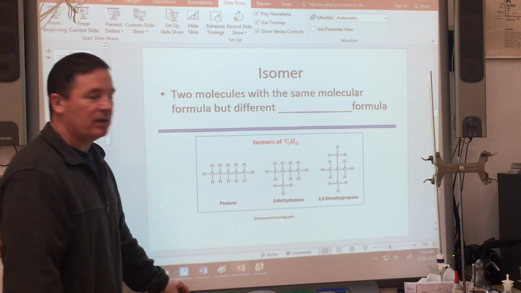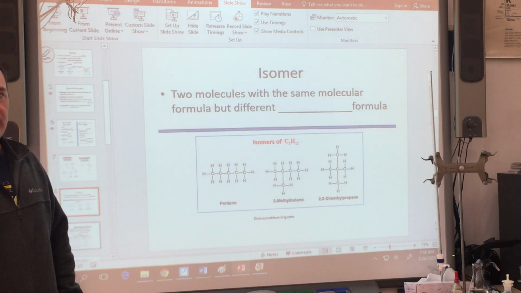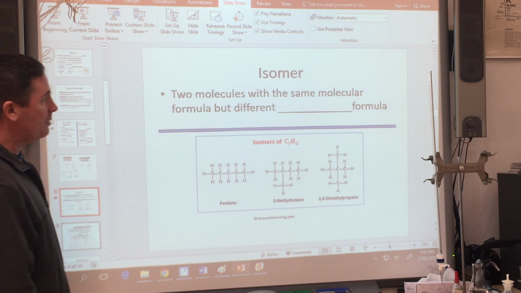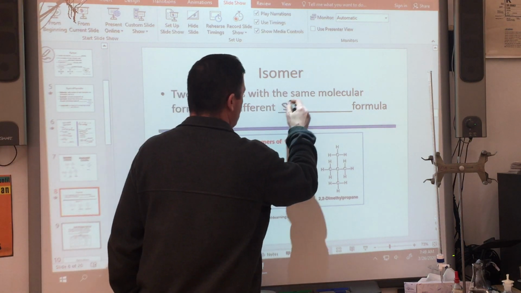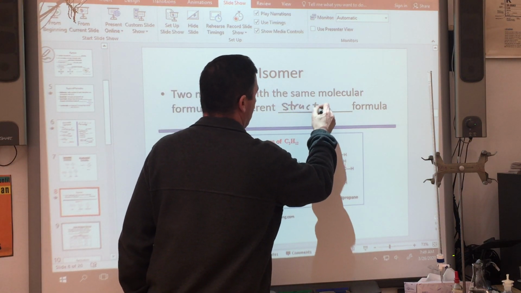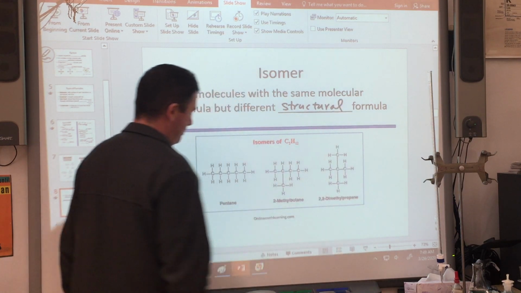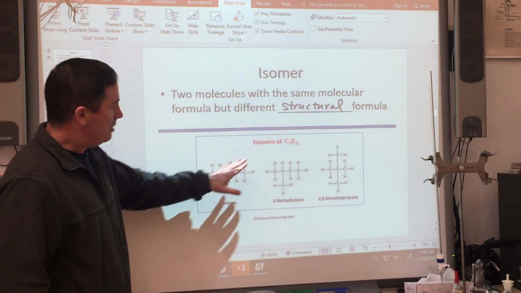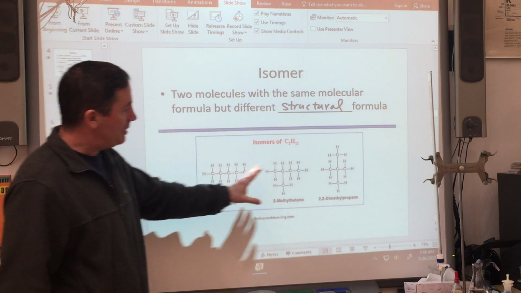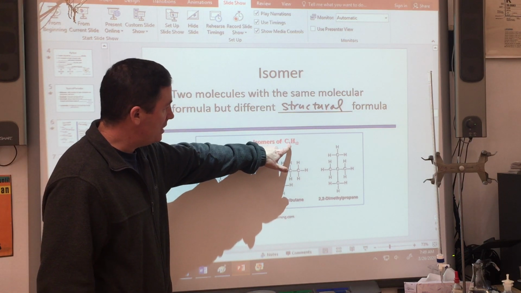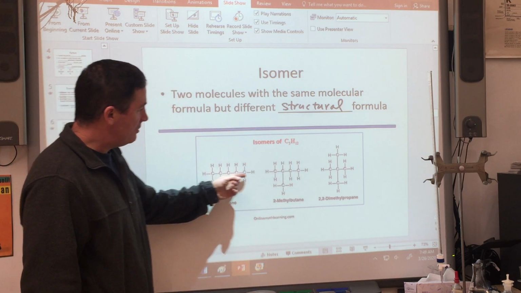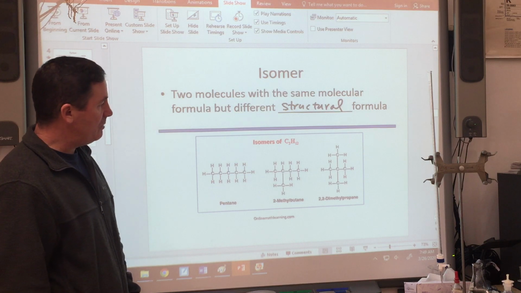And lastly, isomer. I don't think we're going to get to it yet because we've only got about a minute, but I'll tell you what it is. Two molecules with the same molecular formula, but a different structural formula. So if we could count up the number of carbons and hydrogens, we would see that there's 5 carbons and 12 hydrogens, and each of these has that same number.